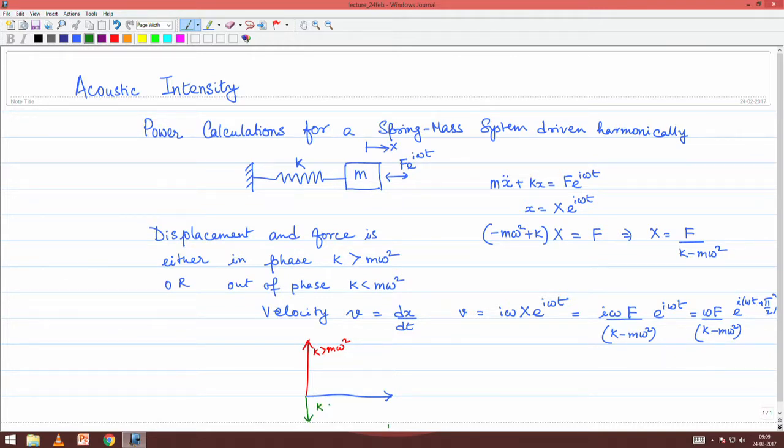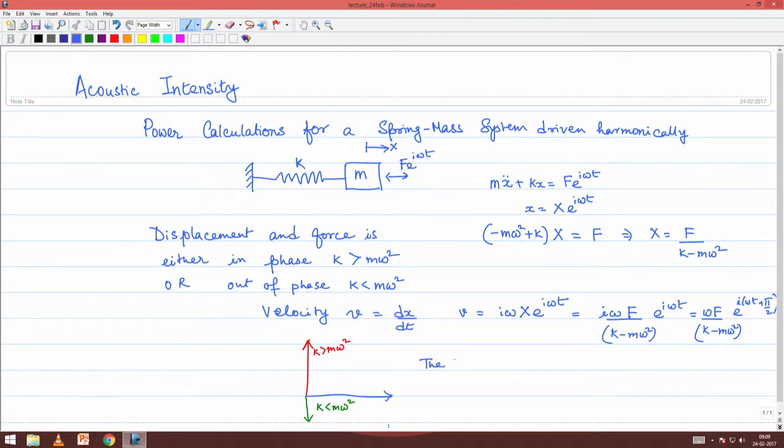So, the velocity vector will lag the force vector if the frequency is higher than the natural frequency. But the important point to note is that either way there is a phase difference between velocity and force of 90 degrees. So, let me write this point for you.